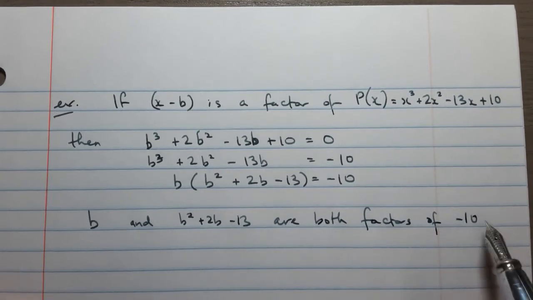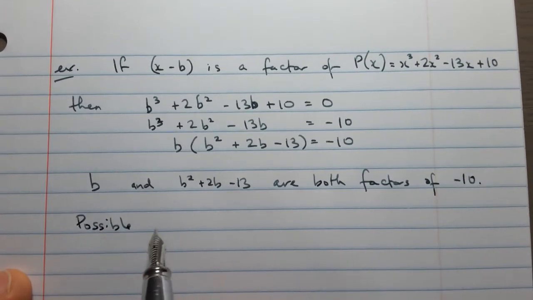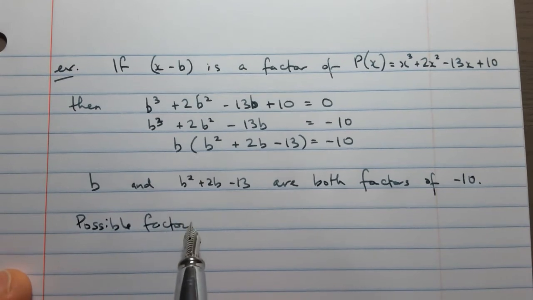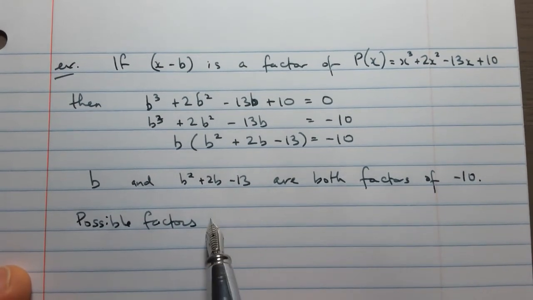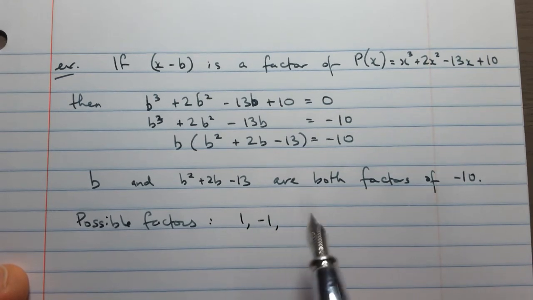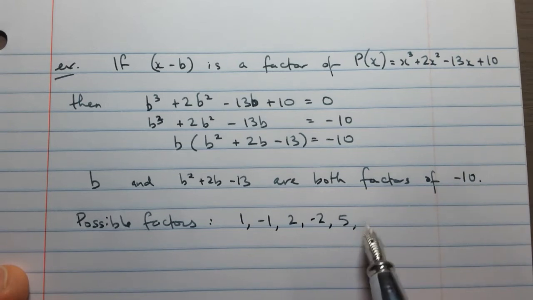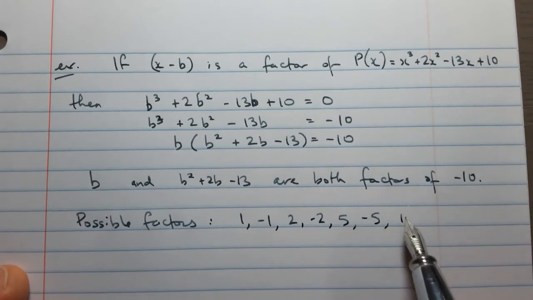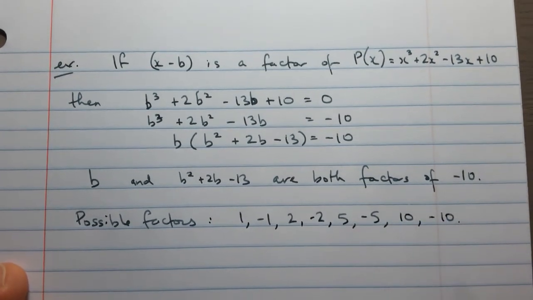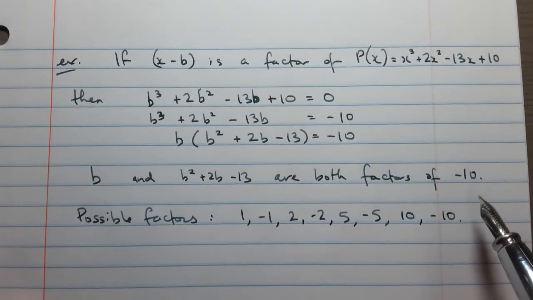Now, what are those factors? There are a lot of them. Possible factors to consider? Well, there's 1 and negative 1, 2, negative 2, 5, negative 5, 10, and negative 10. Now, we don't need to list things like 7. That doesn't divide evenly into 10.